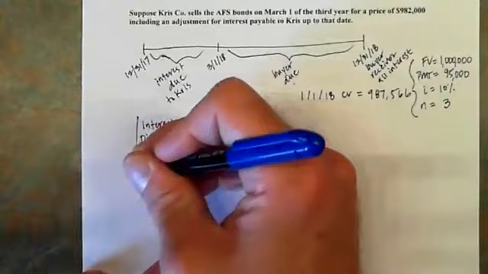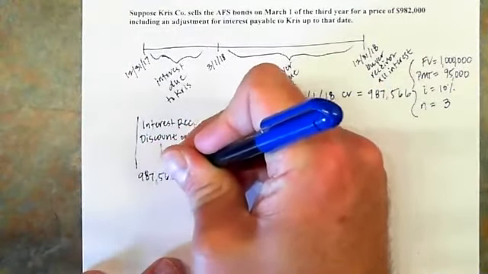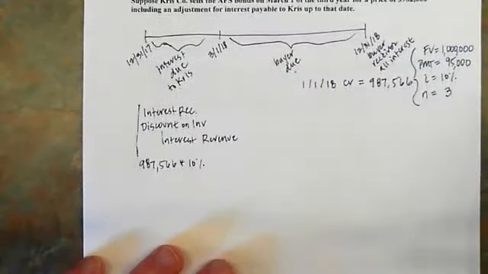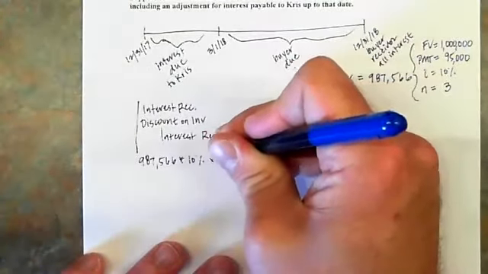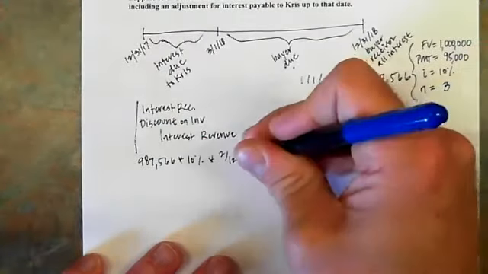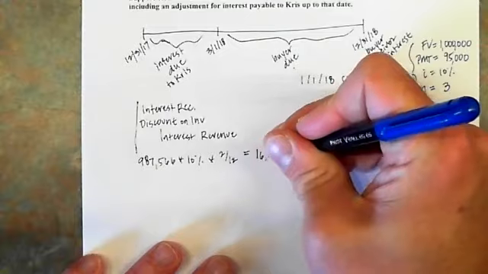If we were going to record interest revenue for an entire year, we would take $987,566 and multiply it by 10%, and that would be our interest revenue for the whole year. But since we're only holding it for 2 out of 12 months, we only record it for that partial part of a year, which turns out to be $16,459.